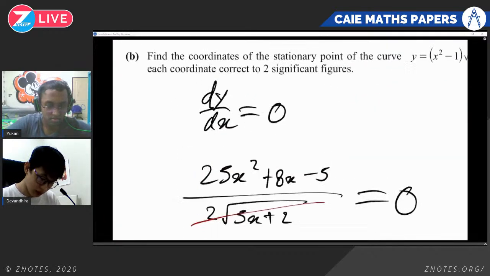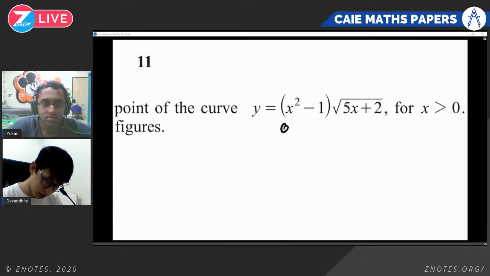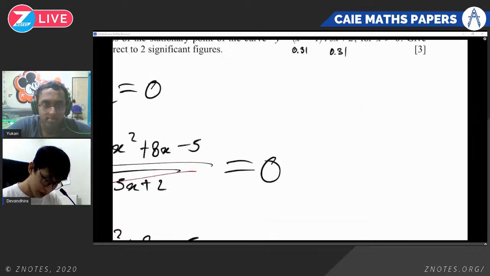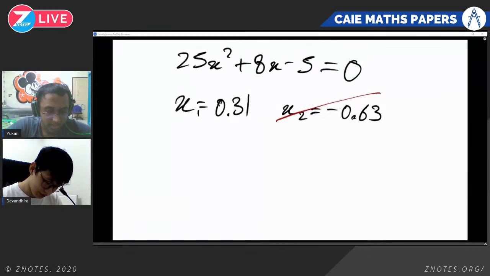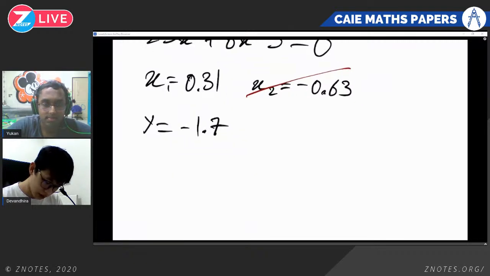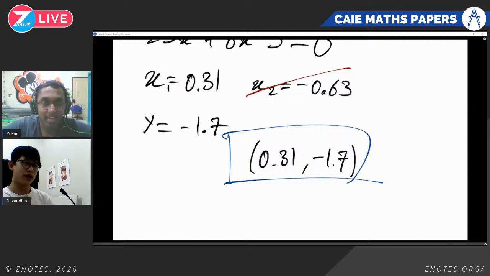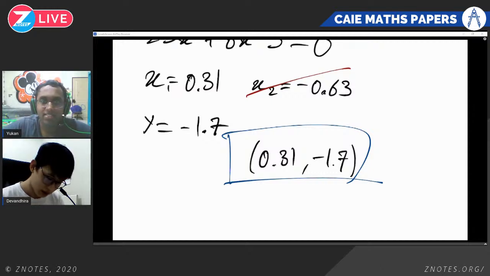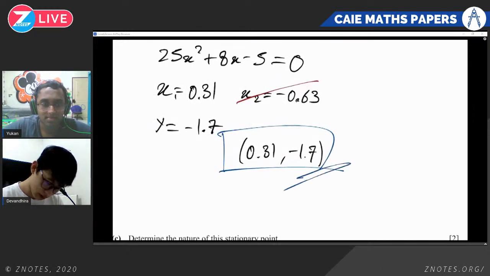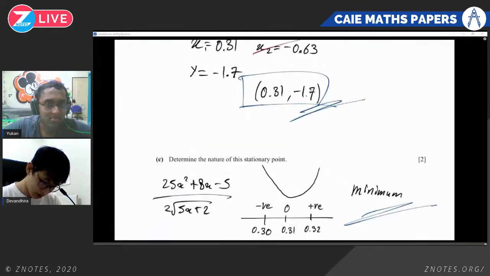Put in 0.31, and you can get your y value. What's the y value? It's negative 1.7. Okay, so the coordinate is 0.31, negative 1.7. Is this the final answer? Yeah, that's the final answer. Okay, so an easy 3 marks.